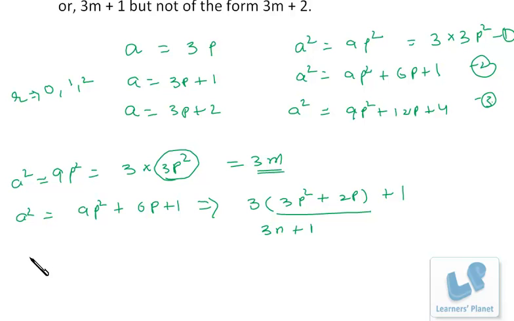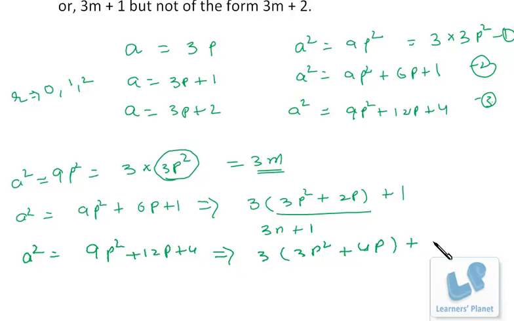So from the third case, a square is equal to 9p square plus 12p plus 4. So I take 3 as common. So what I'll be getting is 3 times 3p square plus 4p, and this 4 can be taken as 3 plus 1, right?